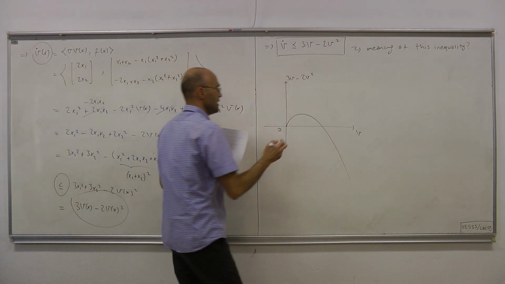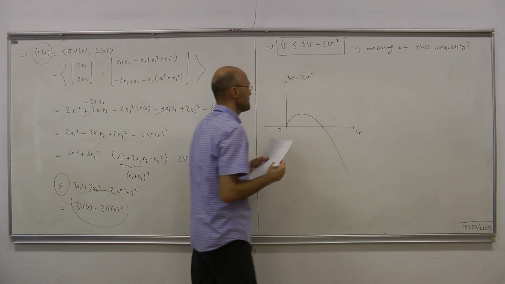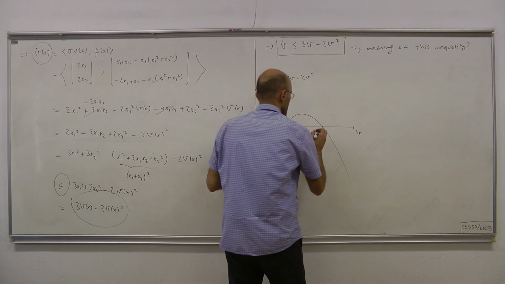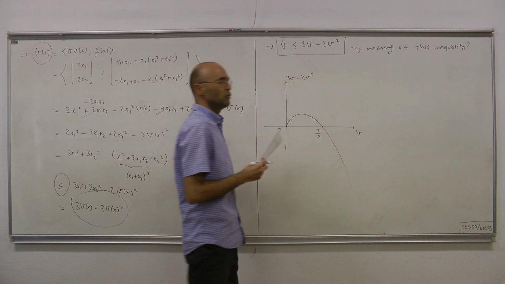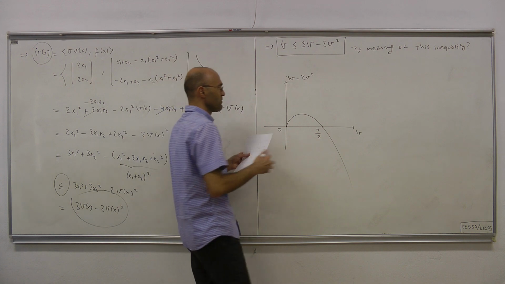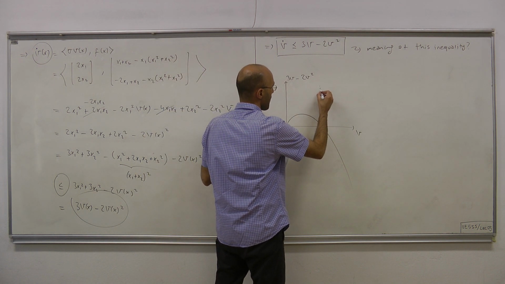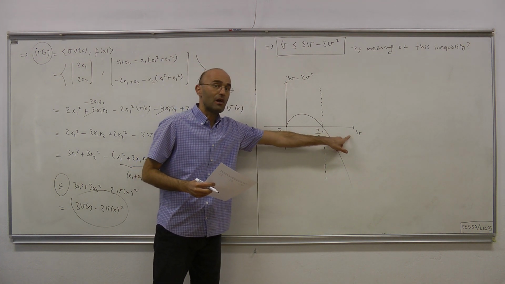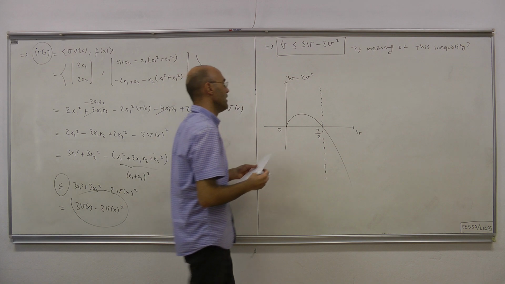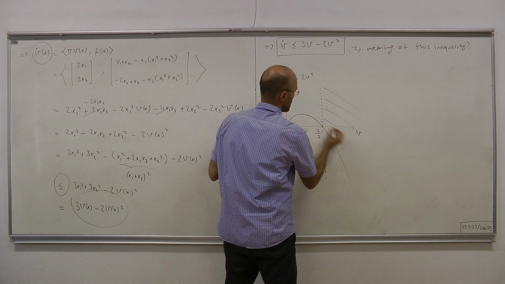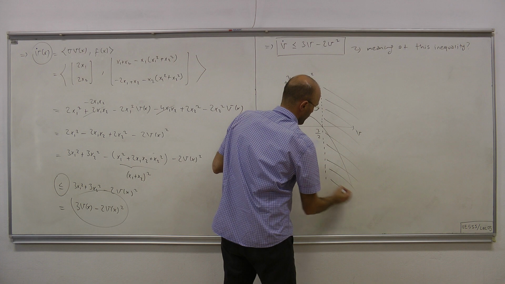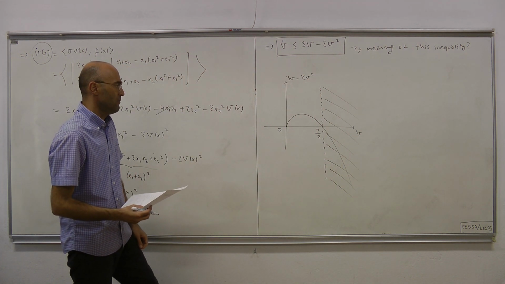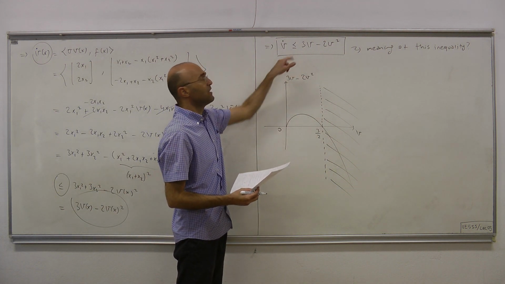Okay. And here, this point is where 3v equals 2v squared. And that's the point 3 over 2. Okay? So when v is larger than 3 over 2, 1.5. In other words, when v, remember v was the norm square of the state, is larger than 3 over 2, then v dot is negative.